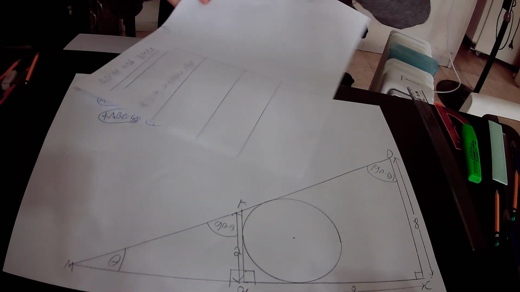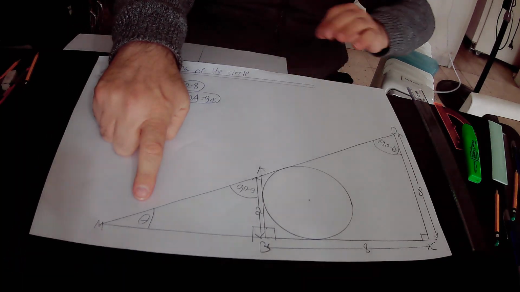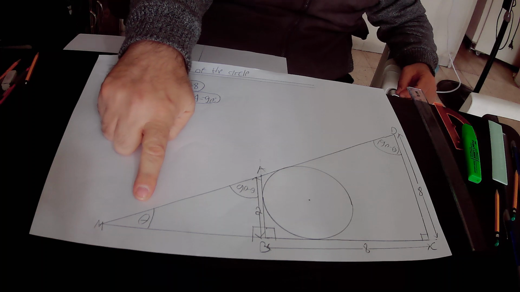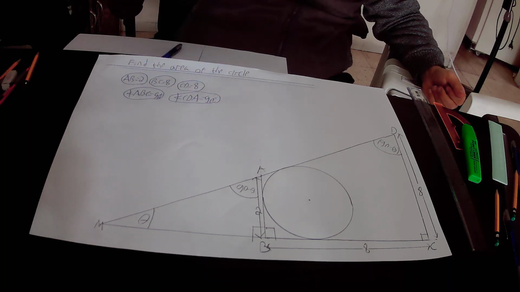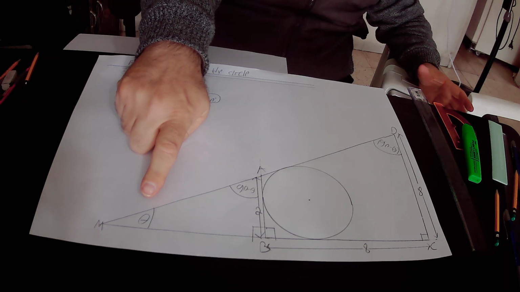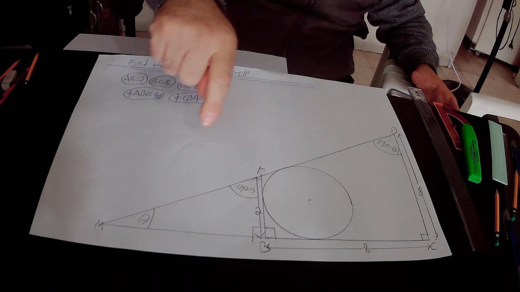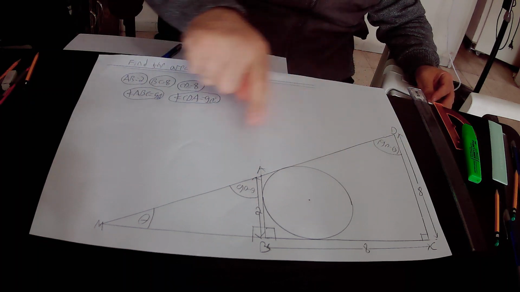In addition, this is angle theta. It is actually a common angle that belongs to both triangles, so we can write down that angle theta equals itself as a common angle that belongs to both triangles. So if we relate to this angle, angle theta, as it belongs to the big right triangle DCM, it will be defined as angle DMC.